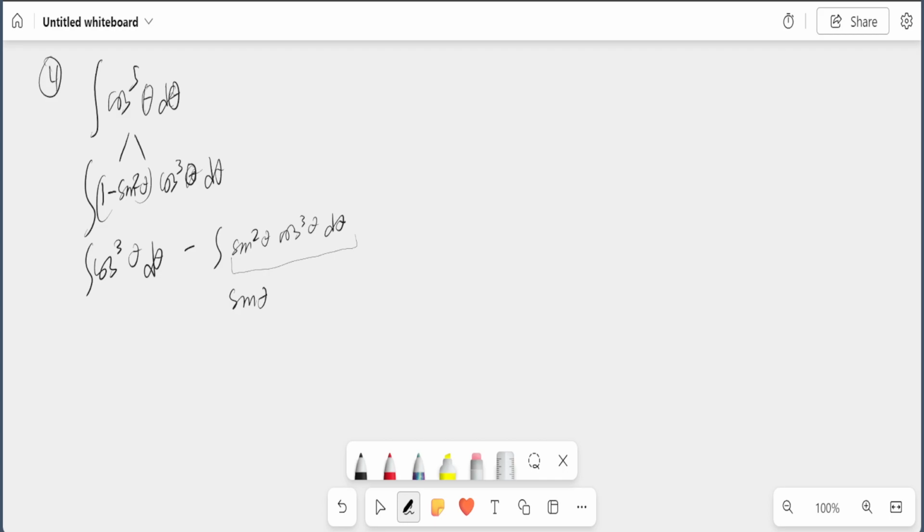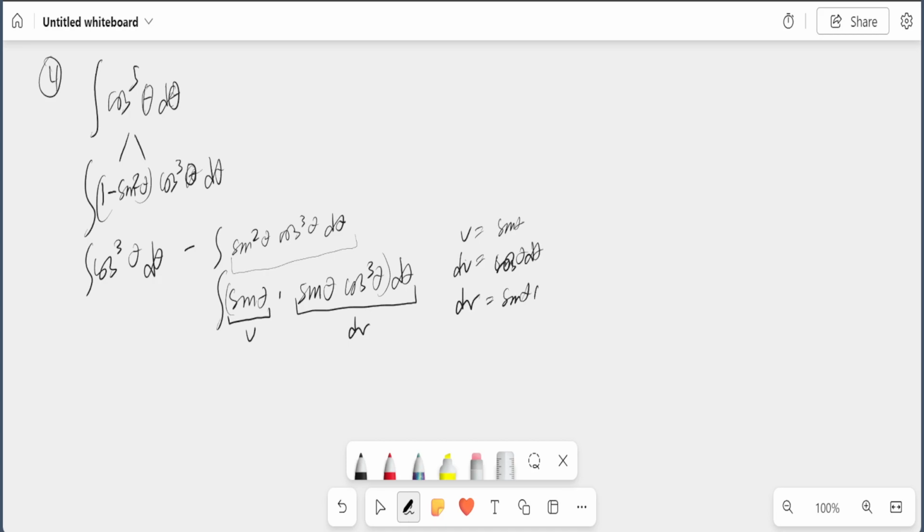So let's do sine theta times sine theta cosine cube theta d theta. Let's make that dv, and let's make that u. Then u is equal to sine theta, du is equal to cosine theta d theta. dv is equal to sine theta cosine cube theta d theta.